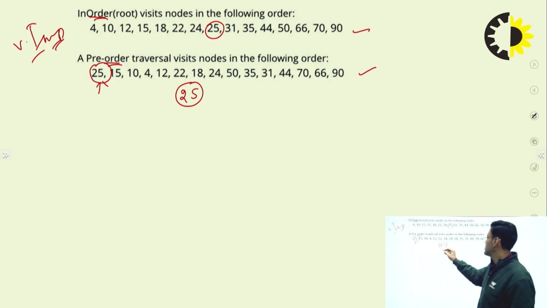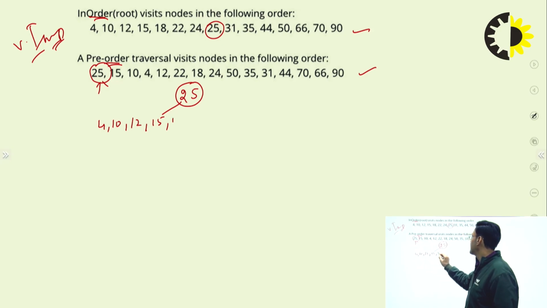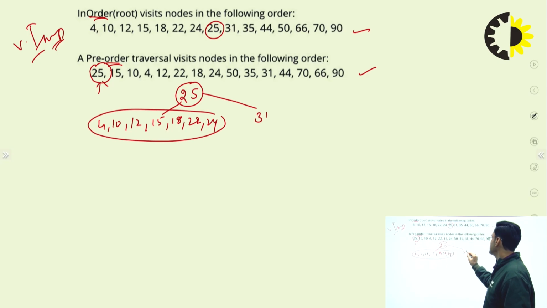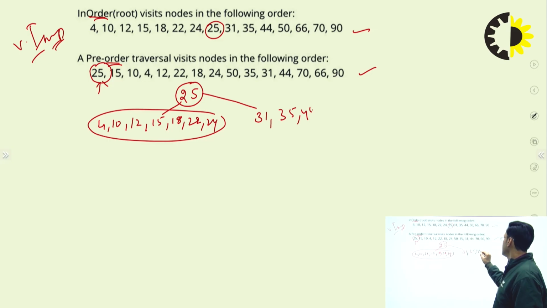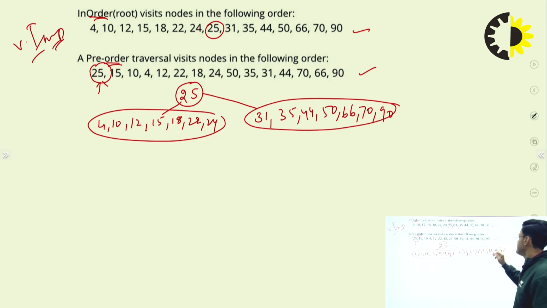So 25 is the root node, and the left subtree will contain 4, 10, 12, 15, 18, 22, 24. This is my left subtree, and the right subtree is 31, 35, 44, 50, 66, 70, 90. This is my right subtree.